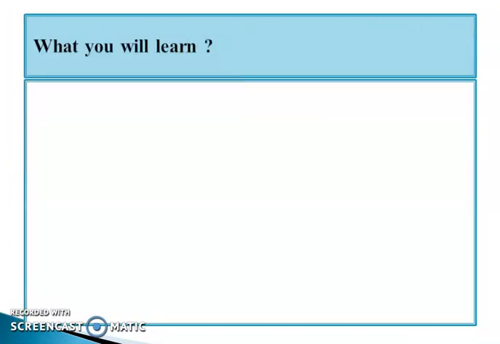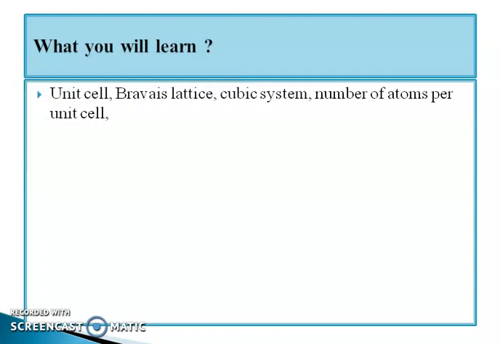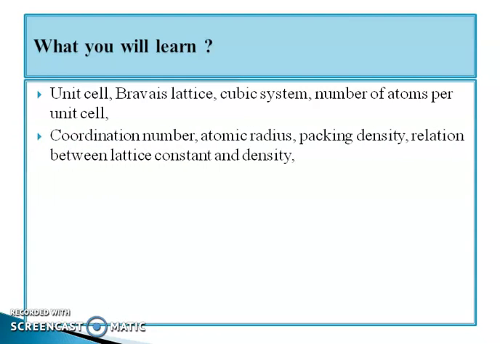What you will learn with this chapter is unit cell, Bravais lattices, cubic system, number of atoms per unit cell, coordination number, atomic radius, packing density, relation between lattice constant and density, lattice planes and Miller indices.